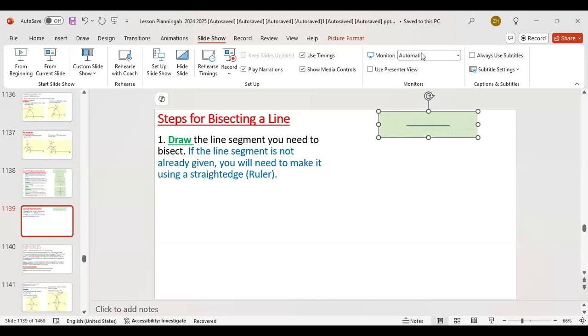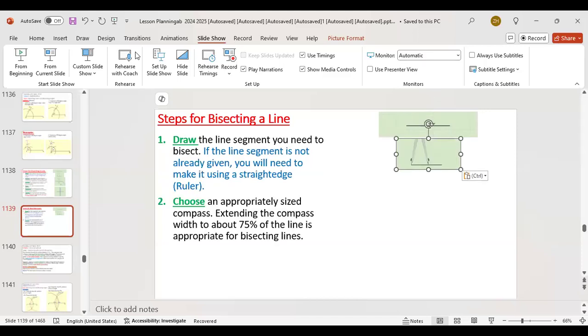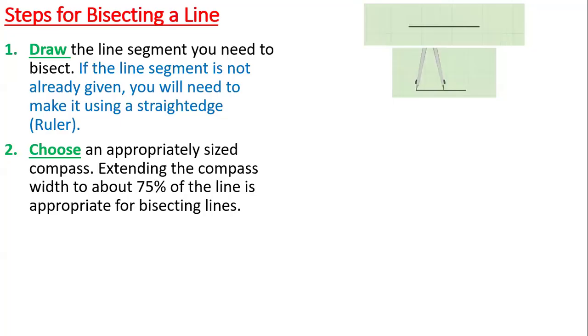When you construct a 60-degree angle, you want to put it like 40 or 45% of the way, but if you're doing 90 degrees, it's like 20 to 30% of the way. But if you are bisecting the line, you're gonna put it about 75% of the way, which means it's gonna take up a lot of space. It's definitely gonna be more than half for sure.